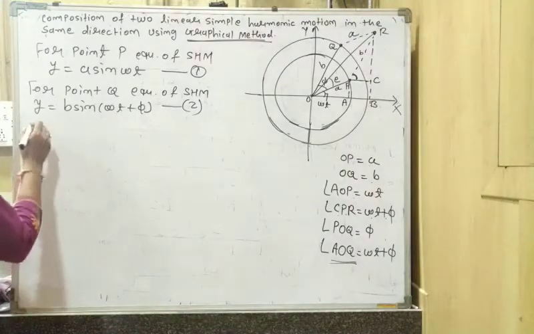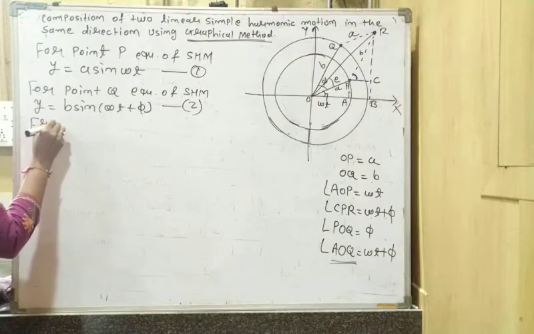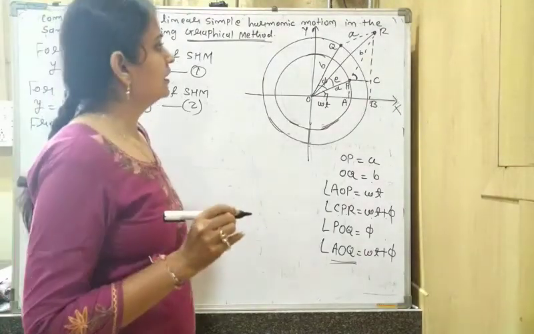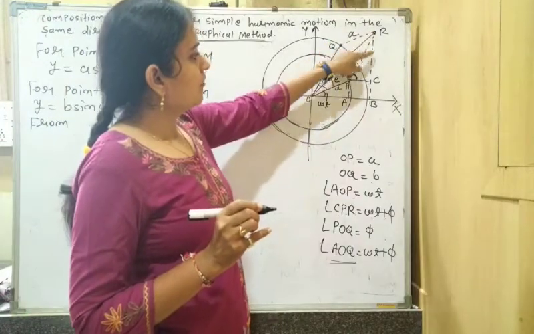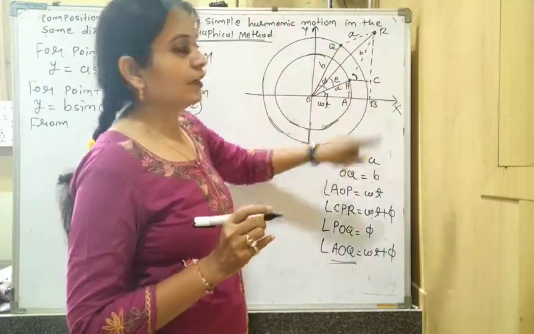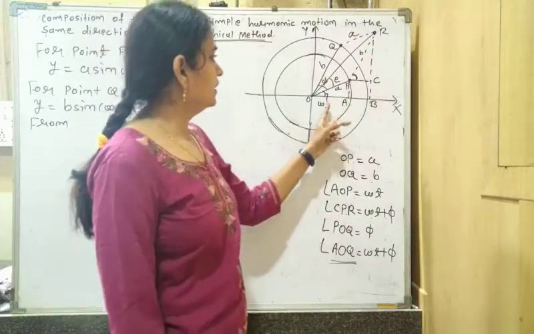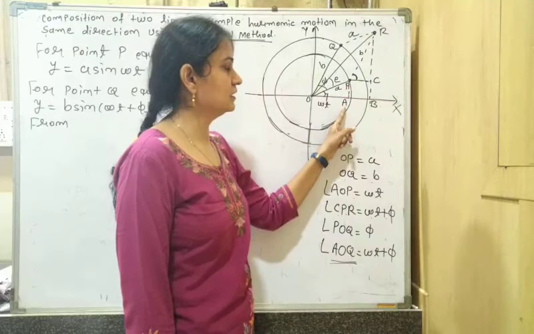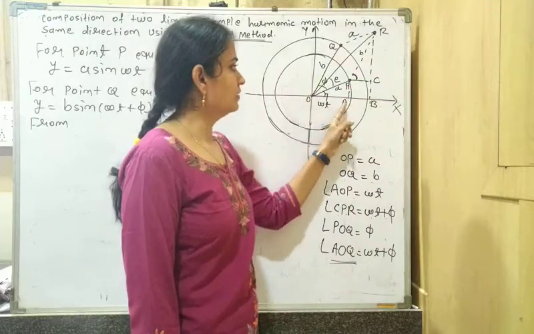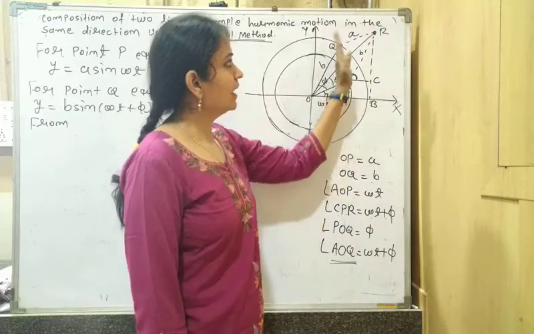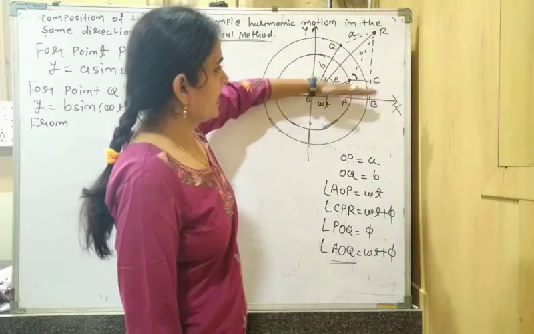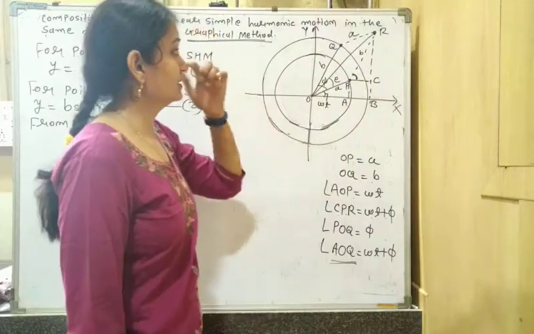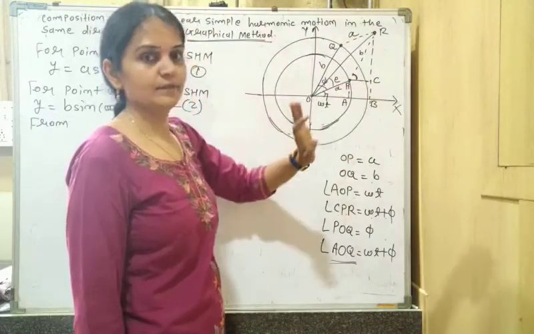Now, as you can see here, the projection of R on the x-axis is point B, and the projection of point P on the x-axis is A. So OA plus AP, and at the same time this is the projection of R, that is RCB.